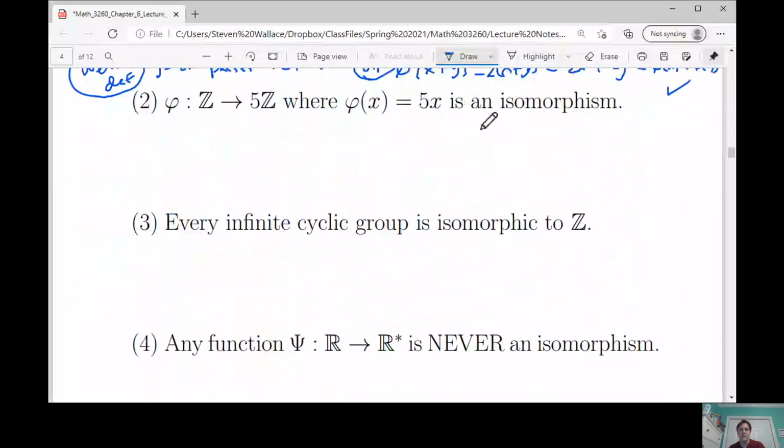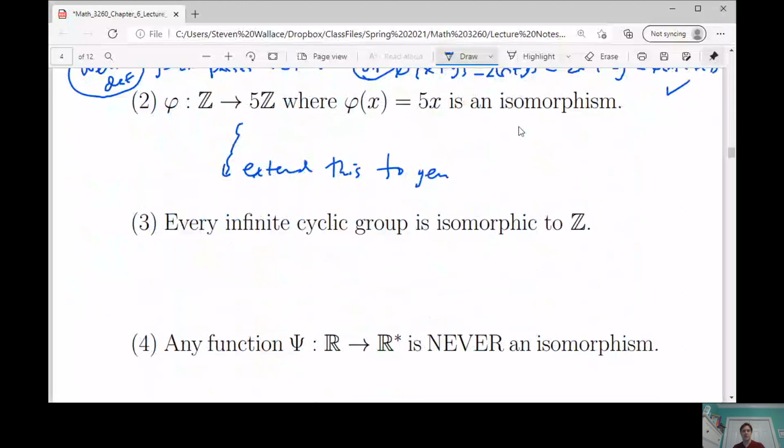And so this shows, okay, we can extend this to the general case that says every infinite cyclic group is isomorphic to the integers.